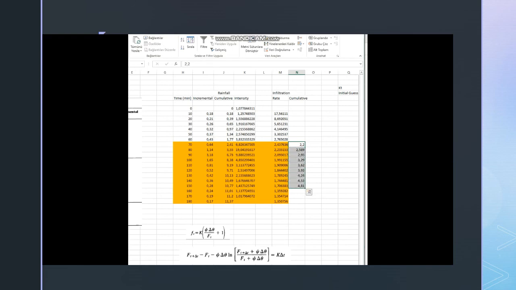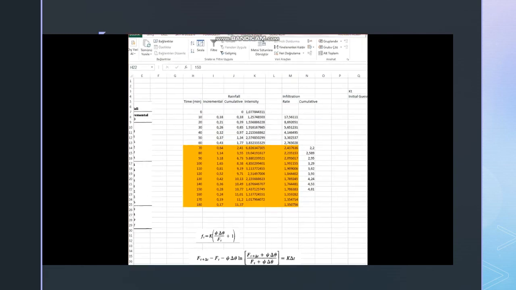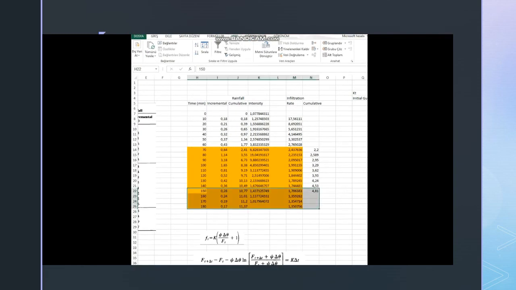And when I have 174, which is 167, the rain intensity is lower than the infiltration rate. So I said, okay, then over here there is no ponding. So I will just delete this stuff.